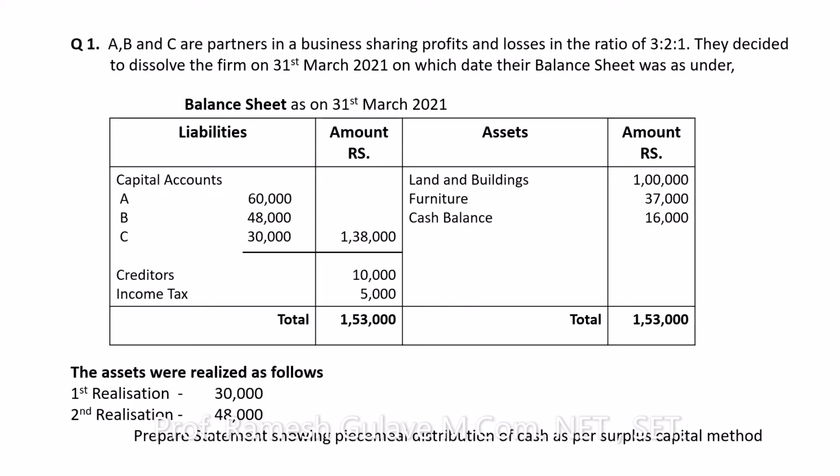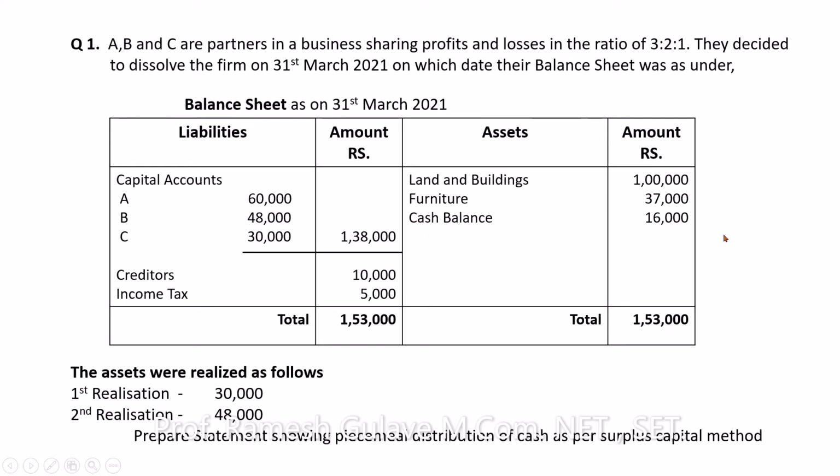Further, the question says to prepare a statement showing piecemeal distribution of cash as per the surplus capital method. So friends, see here we have mainly three liabilities: capital accounts of the partners, creditors, and income tax. And assets are sold in the first realization and second realization.